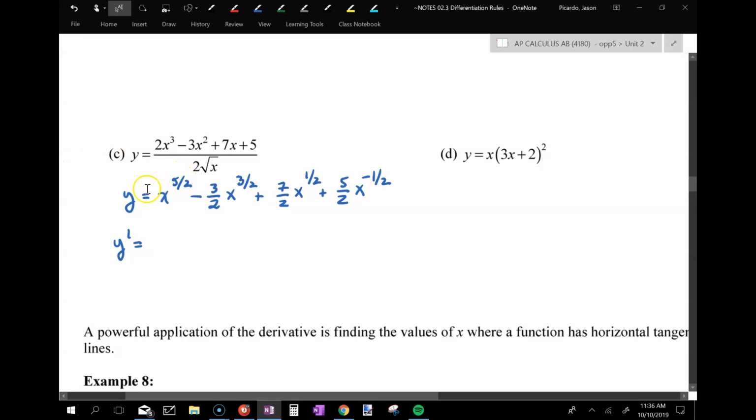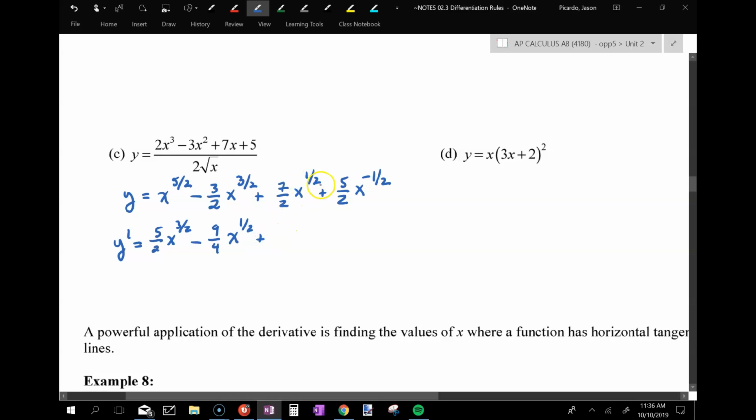So I bring the 5/2 in front. So what do I have? I have 5/2 x. What's 5/2 minus 1? 3/2. Okay, minus 3/2 times 3/2 is 9/4. x to the, what's 3 halves minus 1? 1/2.